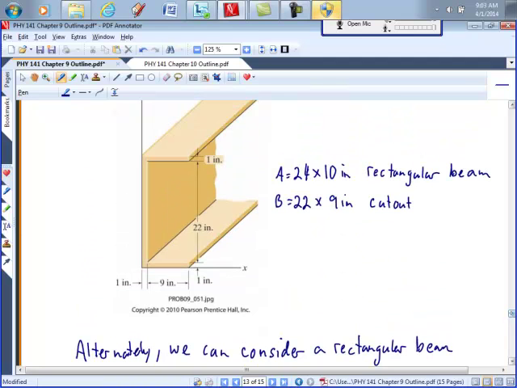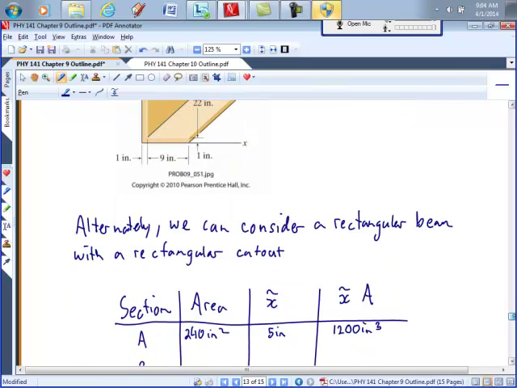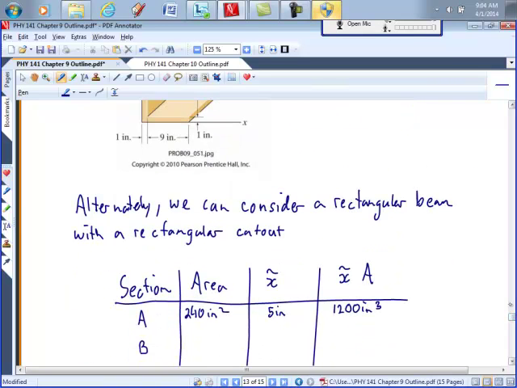The cutout is 22 by 9. So what is the area? It's negative 198 inches squared. Because it's a cutaway, we need to put it in as a negative value.